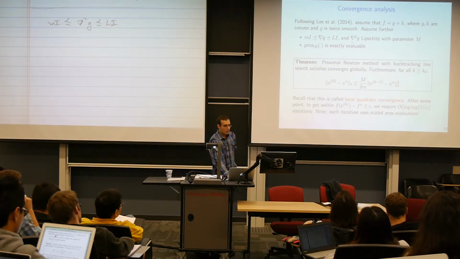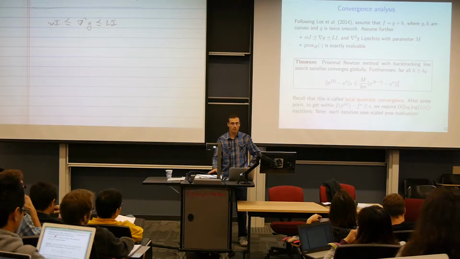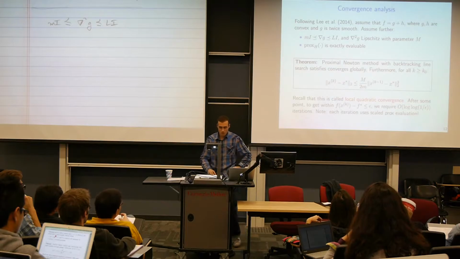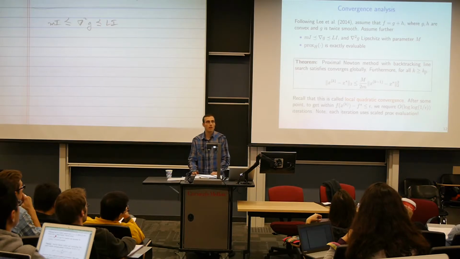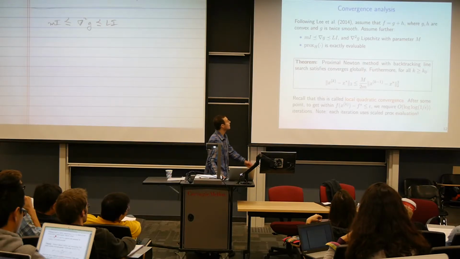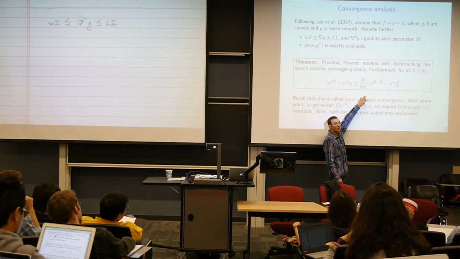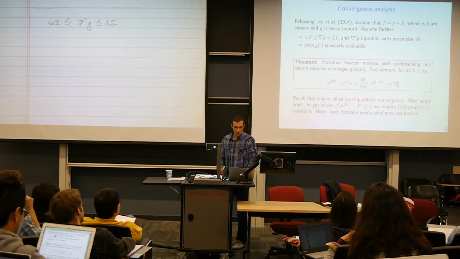So under these two conditions, this one being idealistic, you get essentially the same result as you get for Newton's method, which is that there is some step or iteration number k0 after which proximal Newton enjoys quadratic convergence. So the distance between optimality of your current iterate and x star is less than or equal to the square distance that you were before times some factor m over 2m.